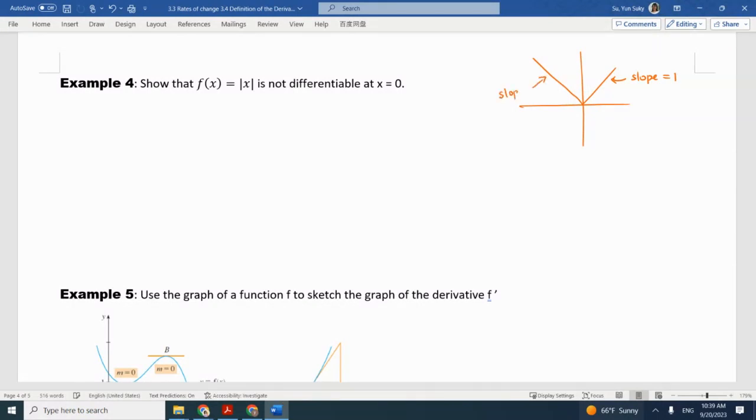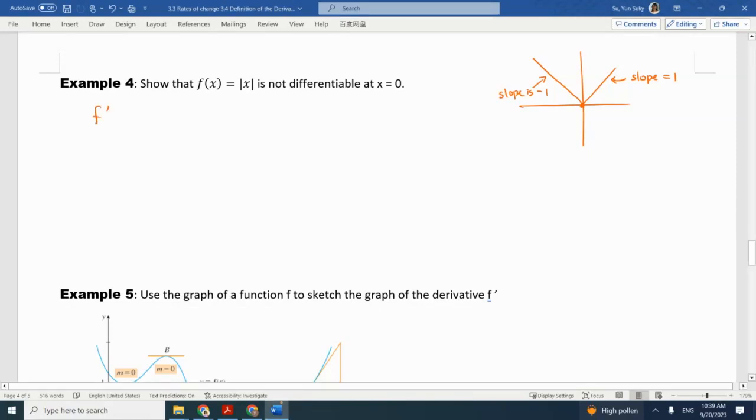Do you see here the slope is minus 1? So that's why at 0, the derivative is the slope of the tangent line. If you go from the left side, your slope is minus 1. If you go from the right side, your slope is 1. Because they're not the same, it's not differentiable. But how do you prove it?